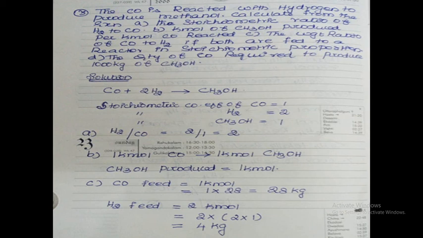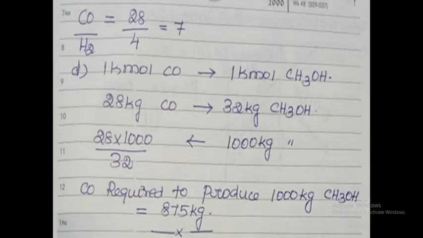So the molecular weight of H2 is equal to 2. Kilomoles are 2. So finally weight of hydrogen feed is equal to 4 kg. CO by H2 ratio or weight ratio. CO feed in terms of weight 28. Hydrogen feed in terms of weight 4 kg. 28 divided by 4, that is equal to 7. This is the third part.